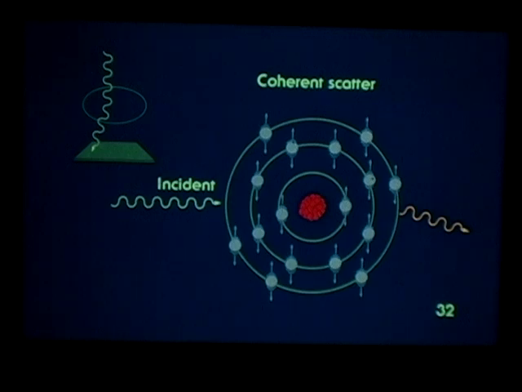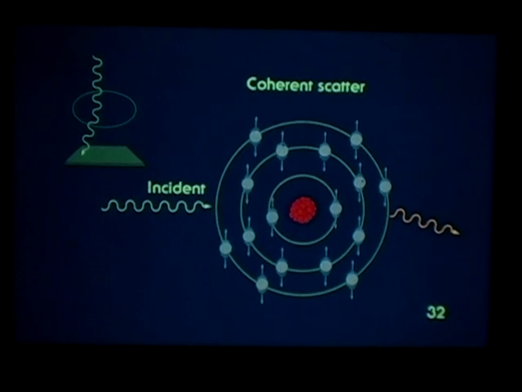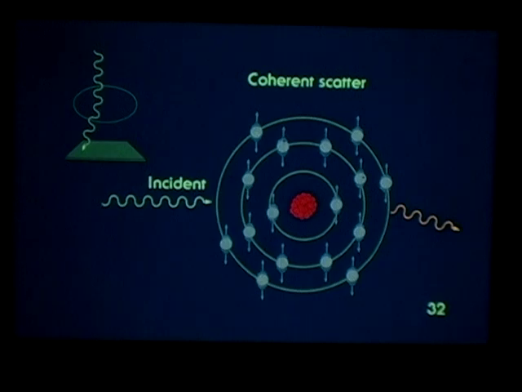In coherent scatter, the electric fields influence the negatively charged electrons in an atom, causing them to oscillate. In this illustration, the photon coming from the left is about to interact with an atom. This photon is labeled an incident photon. When the incident photon interacts with the atom, the electrons that are bound to the atom begin to oscillate.